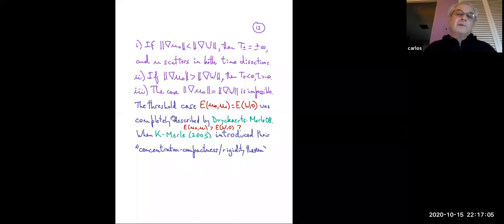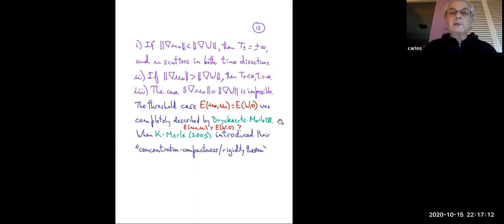Now, soon after my work with Merle, the threshold case, when the energy equals the energy of W, was completely described by Duyckaerts and Merle. So the thing that we're interested in is the case when the energy is bigger than the energy of W. So this is the case where we're concentrating now.